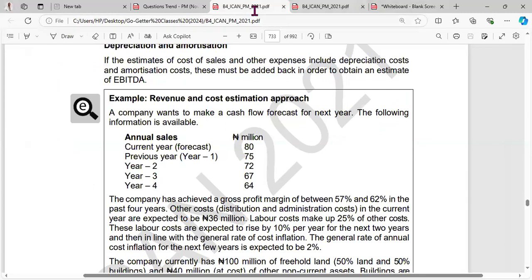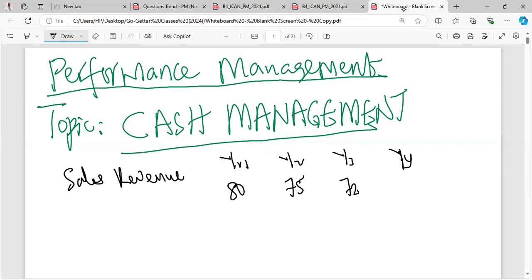Let me shift this. Something is blocking me. So this is year 0, the current year, then year 1, year 2, year 3, and year 4. So this is 64.